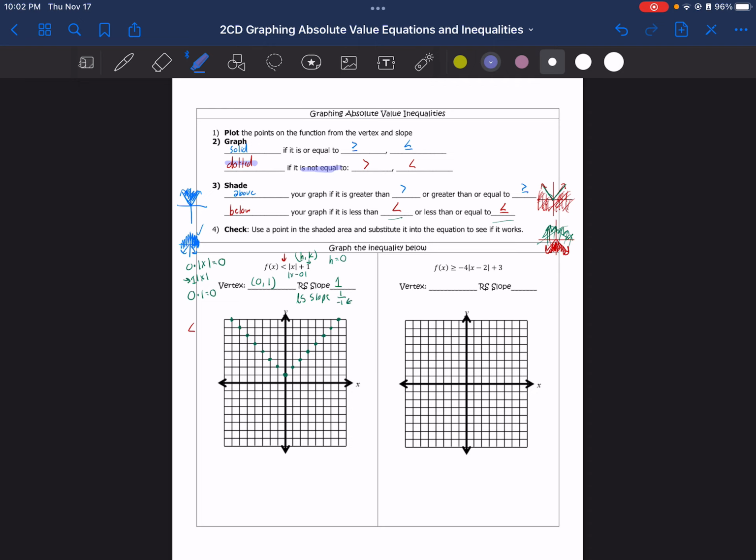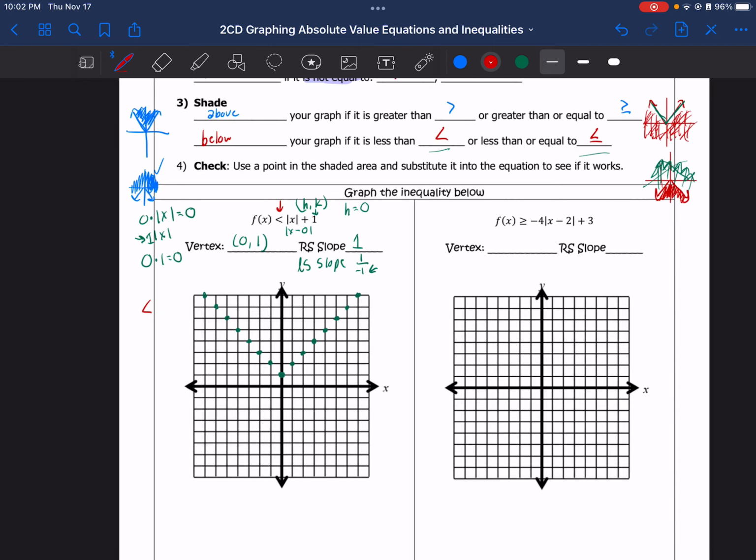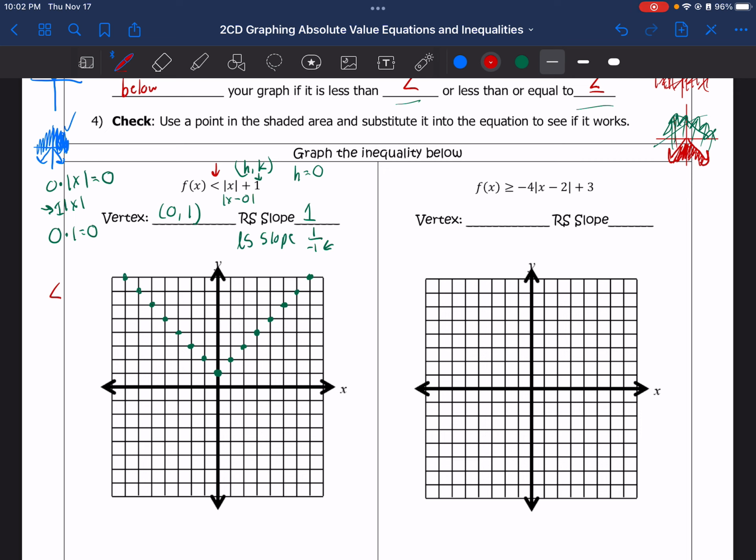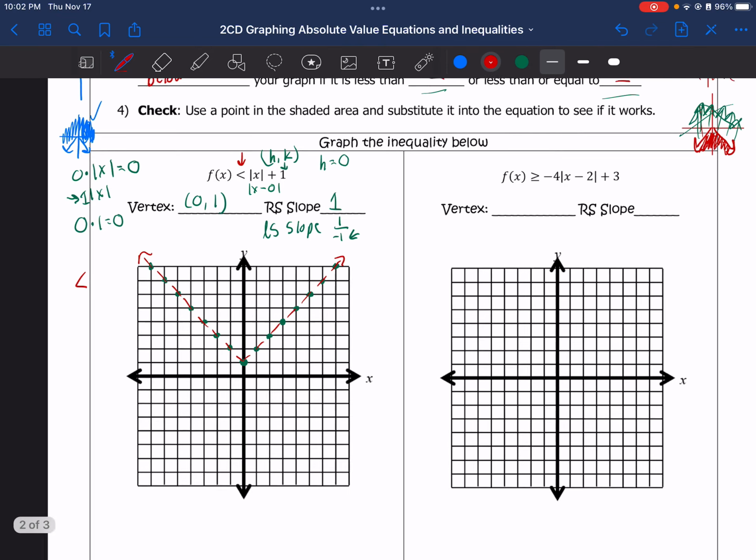So we're going to go back to our graph and graph using a dotted line. This dotted line means that all the points on it are not included in my solution. They would not work in our function. If you put one of these dots into our function, you'll see that it does not work.